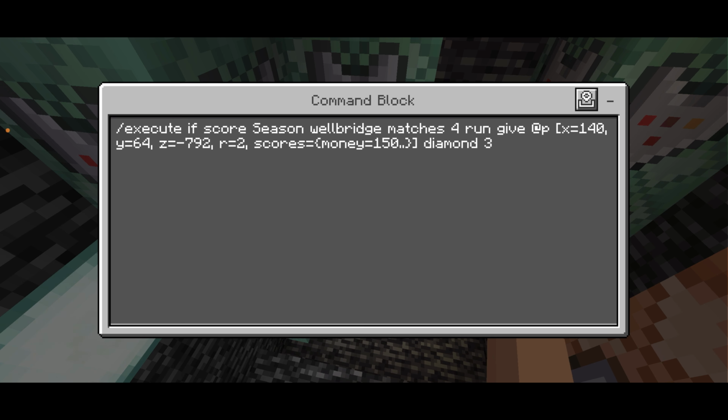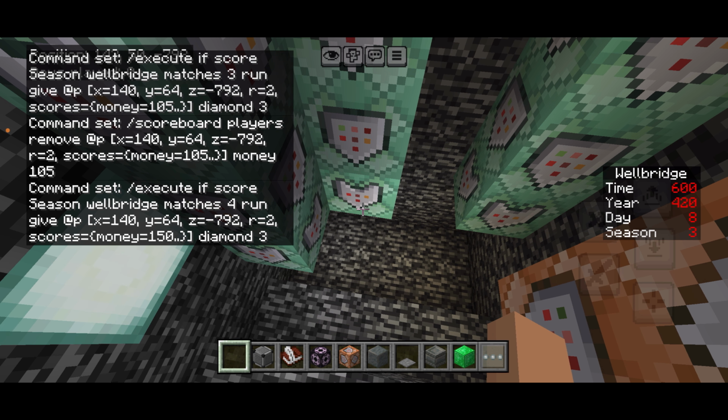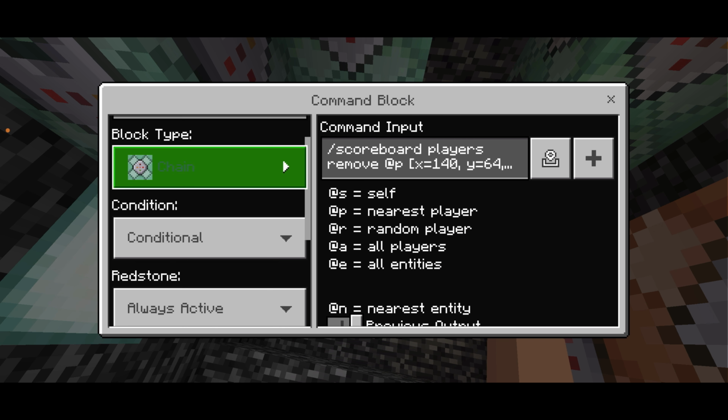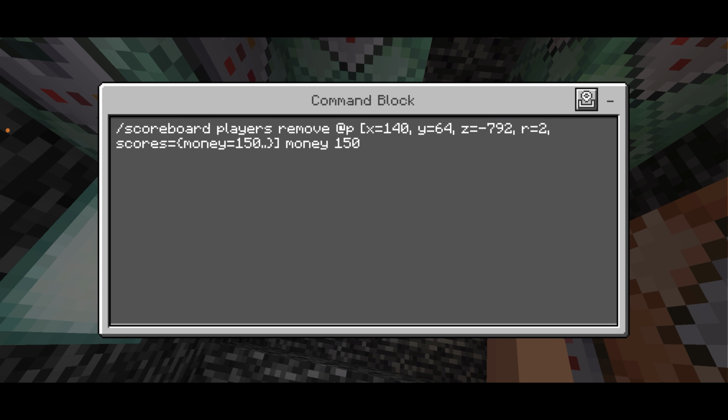Perfect. Now the last one is going to be a chain, conditional, always active, and we are going to remove this money, which is 150.